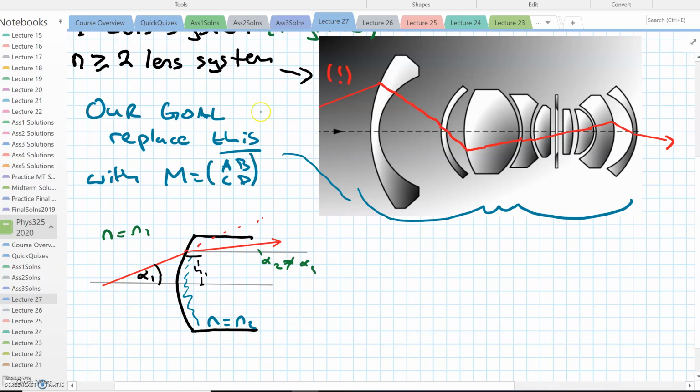So it's going to go somewhere else, and somewhere down the line, it's now at a different height. So basically, we can completely characterize what happens in an optical element by keeping track of the height and the angle, and what changes those are propagation and refraction. So to be clear, there's two things that can happen. Thing one, refraction.